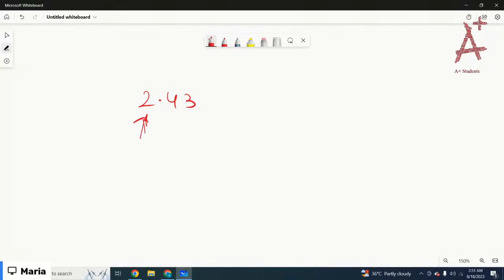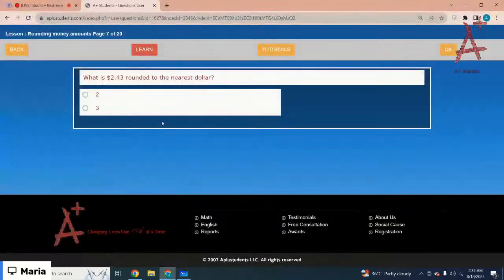So right next digit to this one is 4. Just compare the digit to 5. 4 is greater than 5 or less than 5? 4 is less than 5. That means you have to round on the same dollar, and you have to replace the other two digits with 0. So it would be rounded off to 2.0. Right? So the correct option is 2.0 or 2.